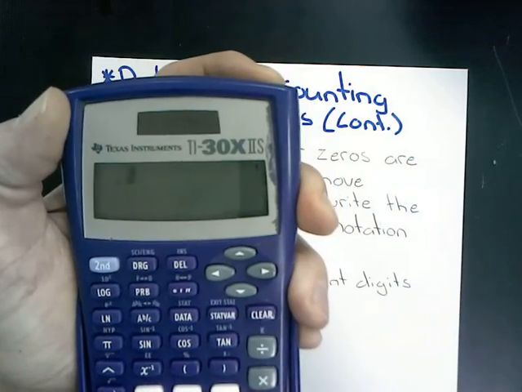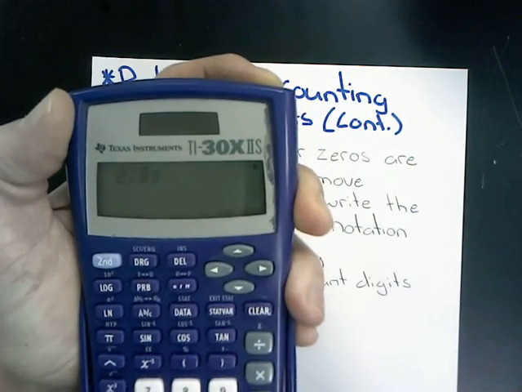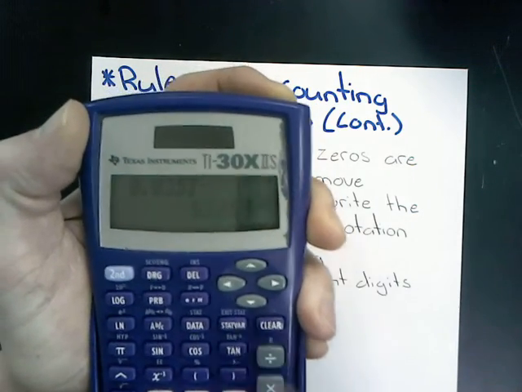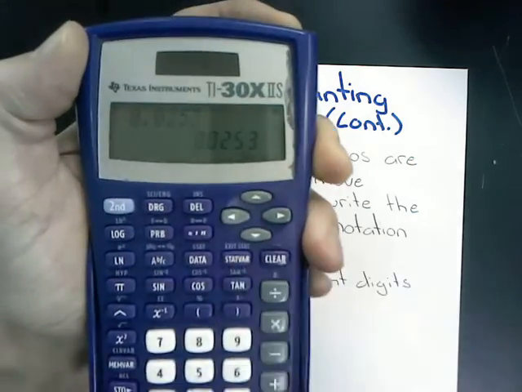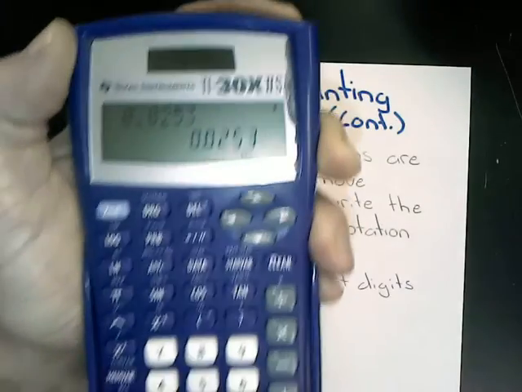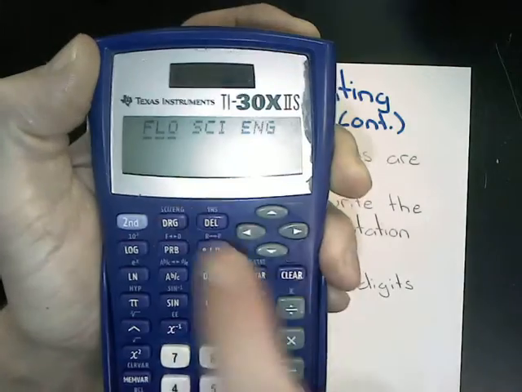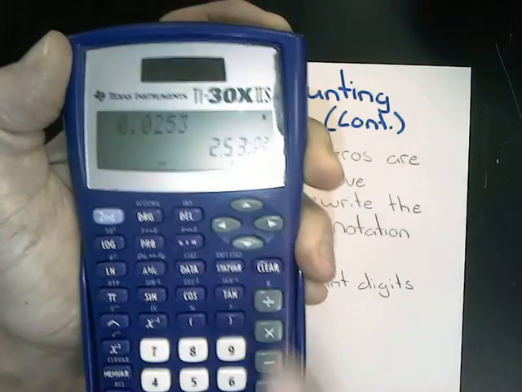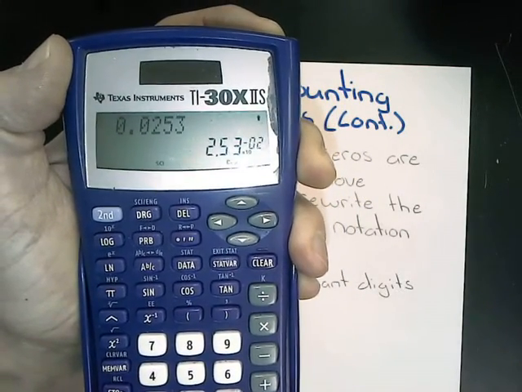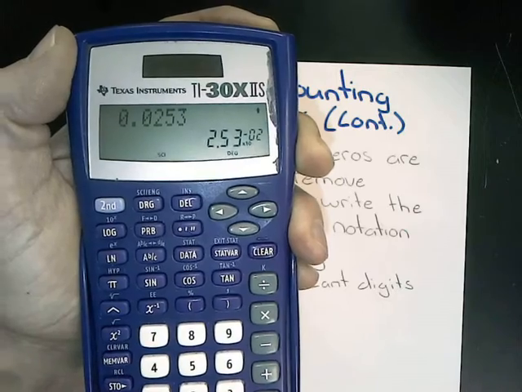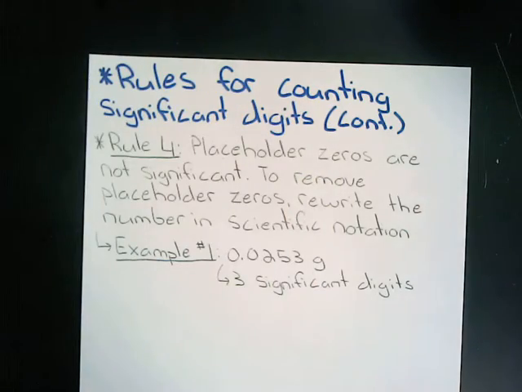If I take my calculator and put in 0.0253 and press enter, and convert this over to scientific notation by changing my form in the calculator, I could get 2.53 times 10 to the negative second.